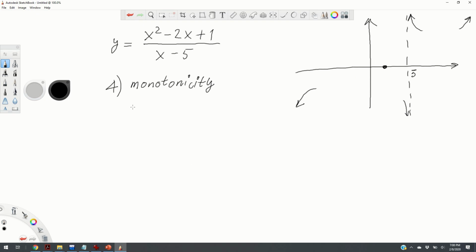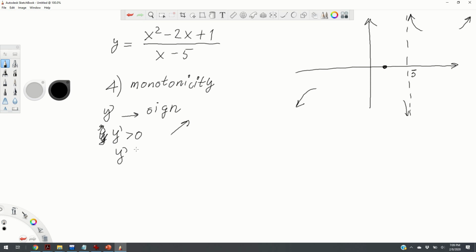Okay, so the final step is to investigate the function's monotonicity. So how can we do that? Well, we just compute the first derivative of the function, and we want to investigate the sign of the first derivative. If the first derivative is positive, the function is increasing.